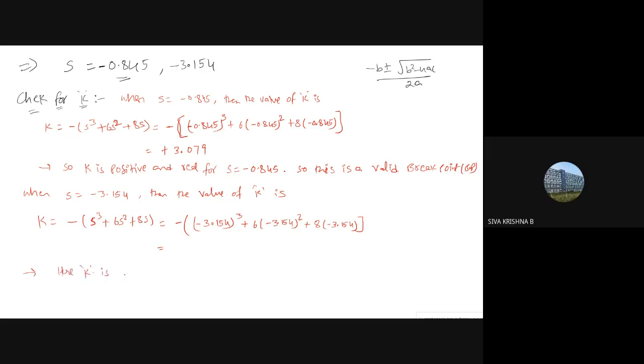Here k is negative. So negative value means that is not an actual break point. So minus 3.079, same value. Negative means that is not a valid break point. Negative for minus 3.154. So this is not a valid break point. That means invalid break point, in short.